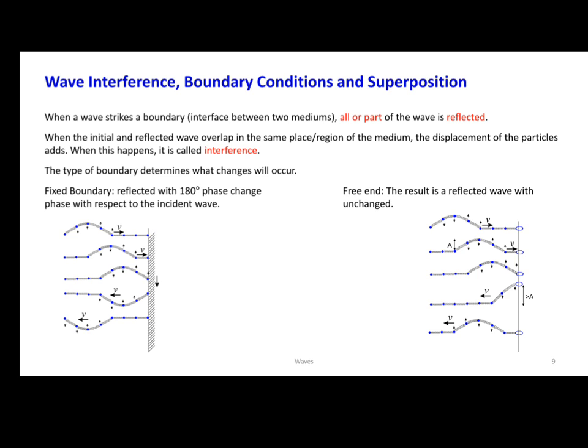And if it's a free end, in other words, it is allowed to move, there is no phase change when it reflects. There is one thing: as it does reflect, it will interfere, so you'll end up having an adding of the displacements of your particles at that point.